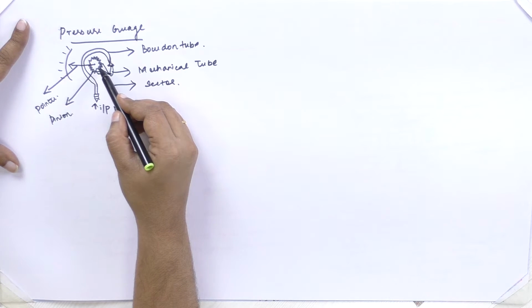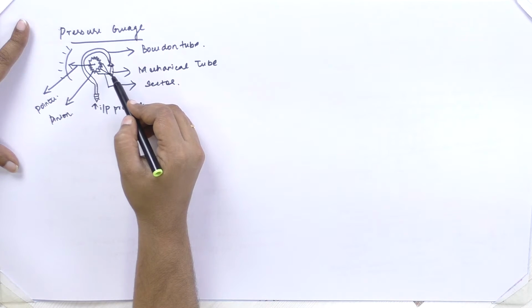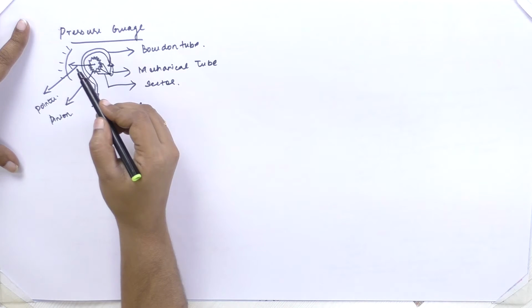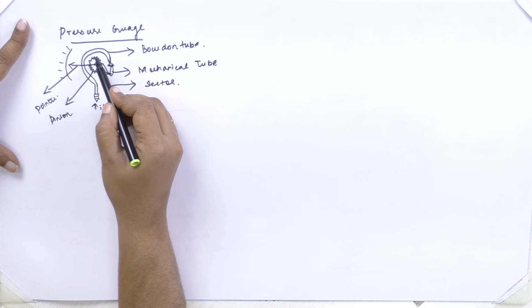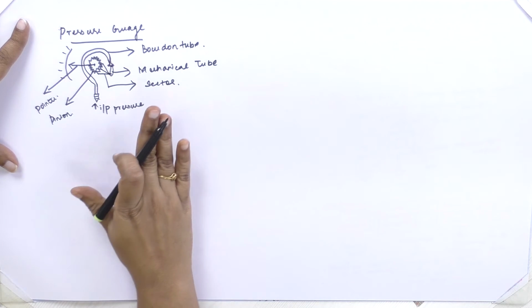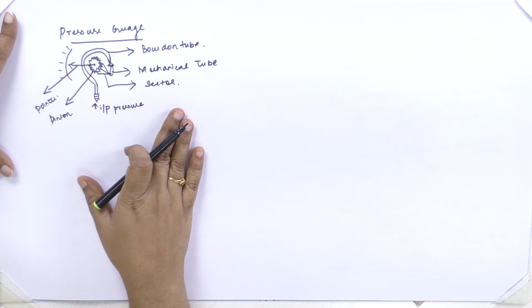What will this gearing mechanism do? It will convert the displacement of this tube through the mechanical linkage into a deflection, so that the pointer which is attached to this gearing mechanism will show the pressure which is to be measured. Now, let us draw the generalized block diagram for this pressure gauge.